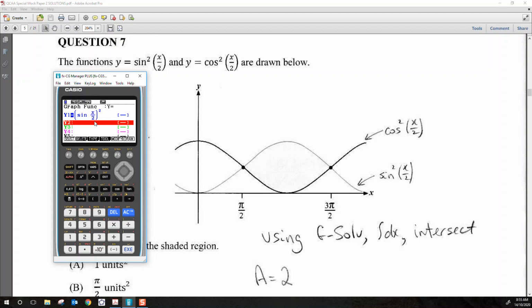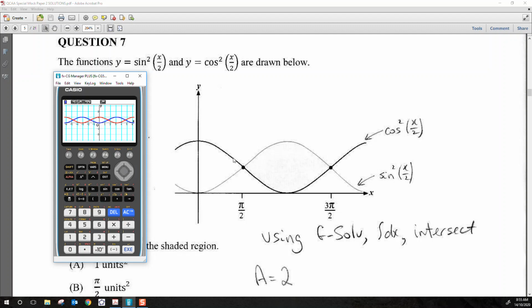So that's definitely sine squared. And then I'll put cos squared, do the same thing. Cosine of x over 2. And we'll square that one.